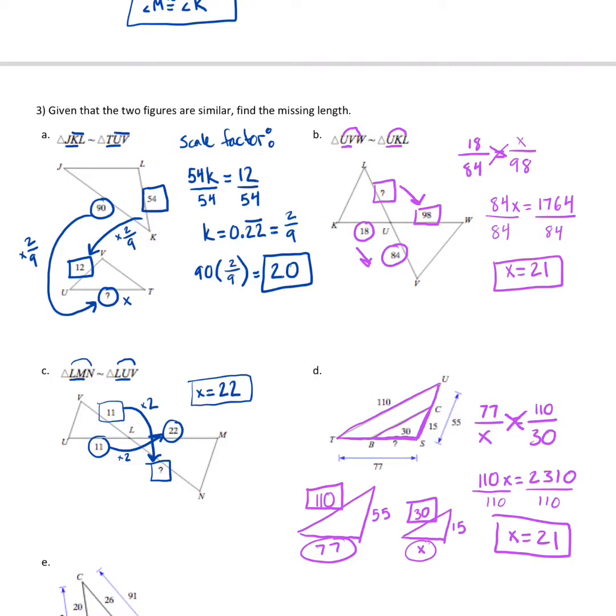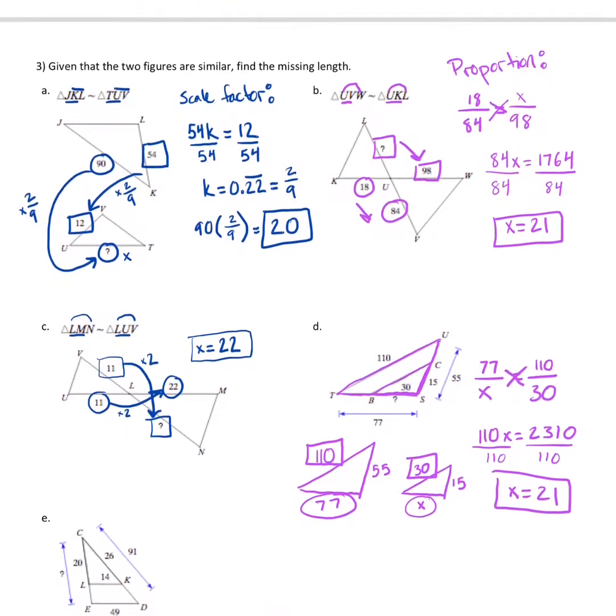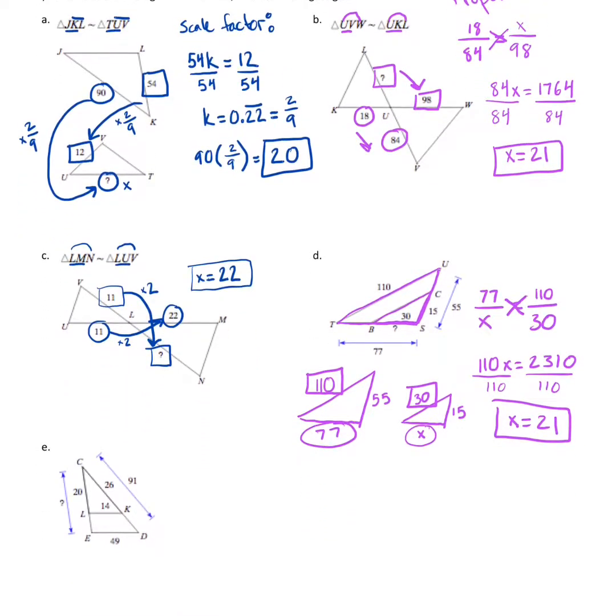Okay, so moral of the story, we had our scale factor method, we had our proportion method. It doesn't really matter to me which one you use as long as you're understanding how it works. Both of these methods work, and so I'm okay with either one.